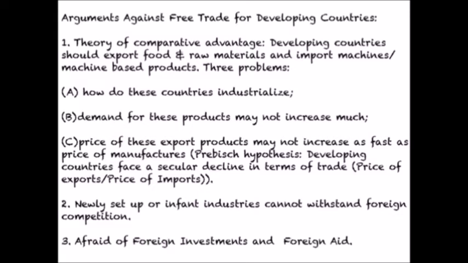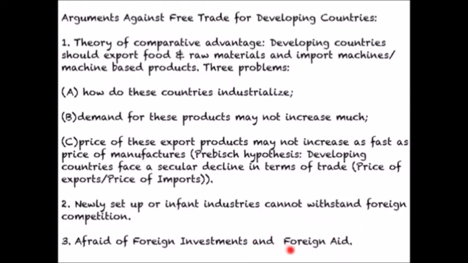So when you are trying to industrialize initially, you need protection from foreign competition, or we cannot have free foreign trade. Lastly, these developing countries became colonies because of foreign investments and so on. So these countries were very afraid of anything foreign, including foreign trade, foreign investments, and even foreign help.